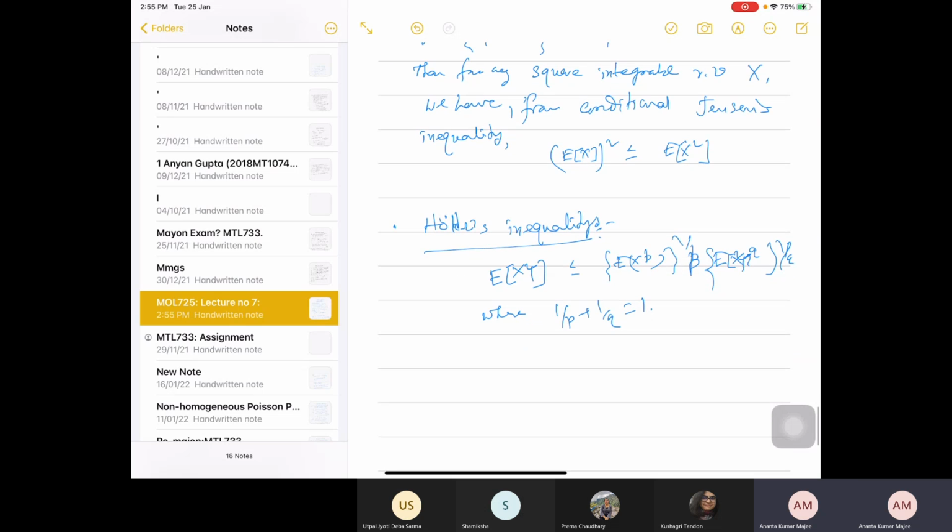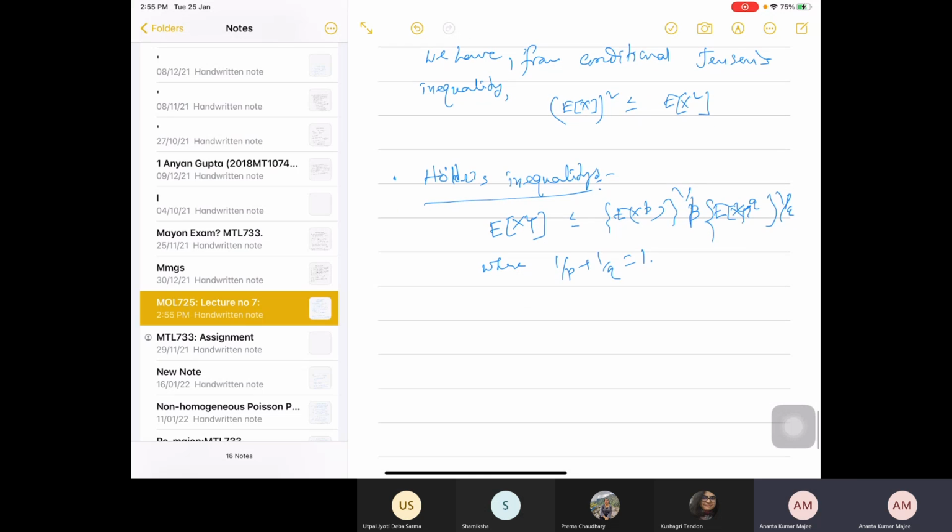Is it not? For functions, you have seen it in your functional analysis course. But this is exactly the same, nothing else here. This is L1 space, L2 space, and you can write it down there.